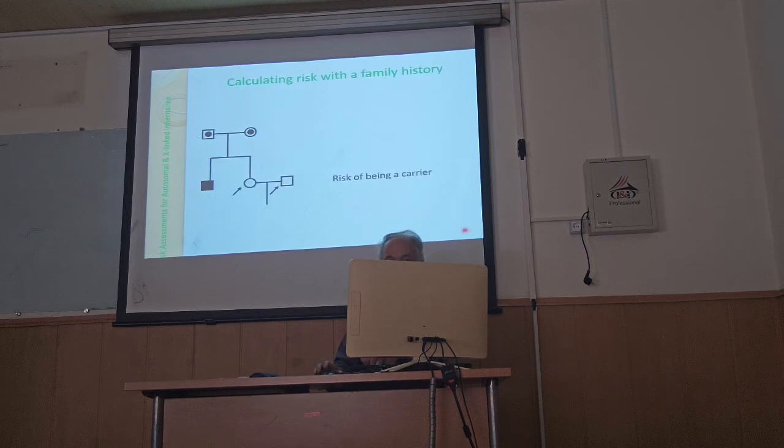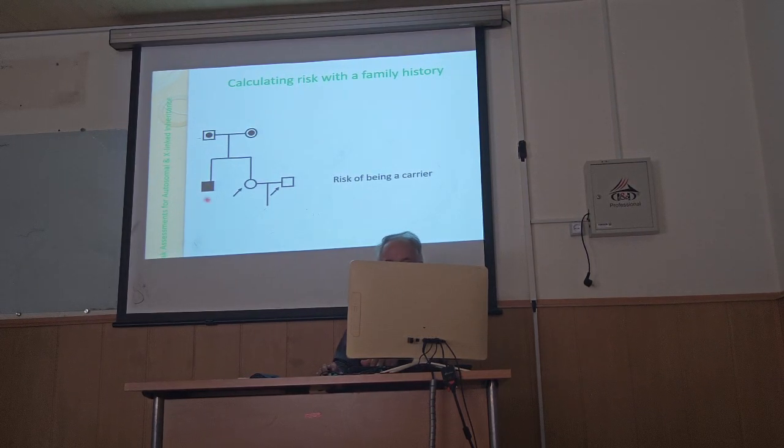family history. If there is a family history, and they have an affected child, the parents are obligatory carriers. What's the chance of being a carrier for this individual, a sibling of the affected?